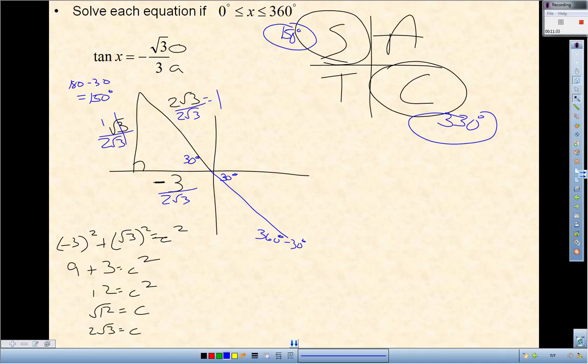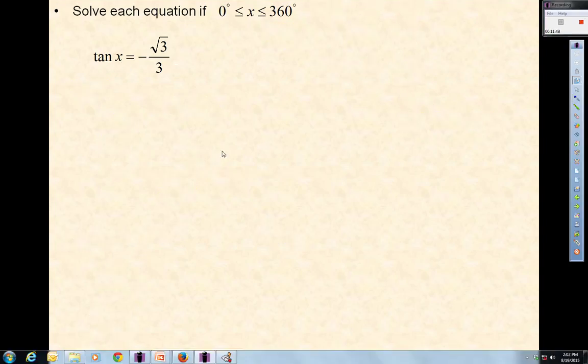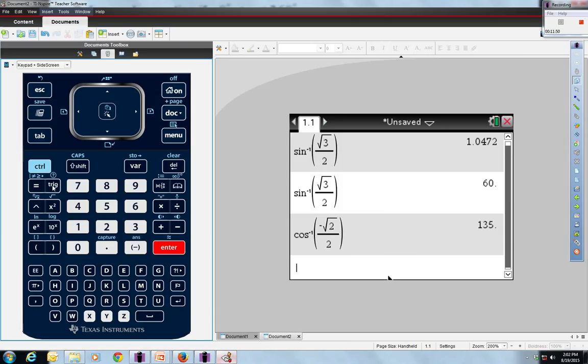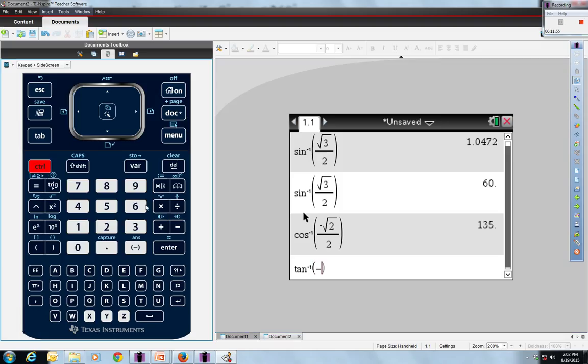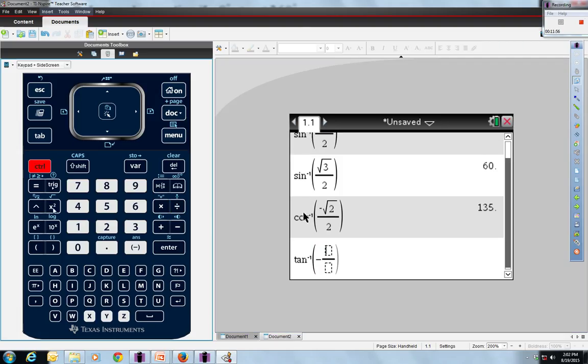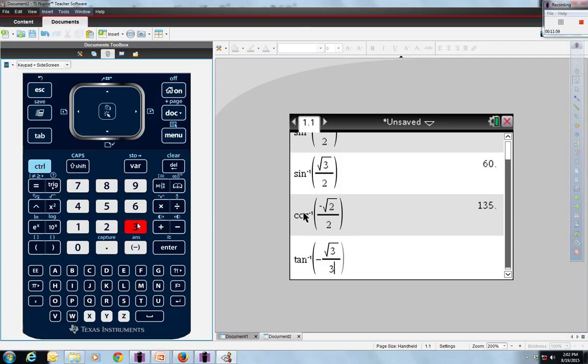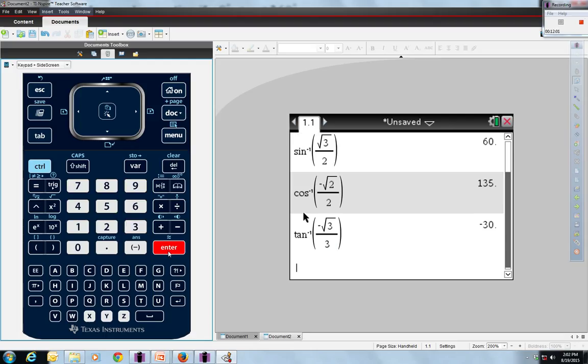And I'm just going to double check because you heard me stuttering. Let me do tangent inverse with my calculator. So let's do tangent inverse of negative square root of 3 over 3. And fingers crossed, does that give me negative 30 degrees? Oh, whoa, whoa, whoa. You're probably thinking somebody done lied to us.